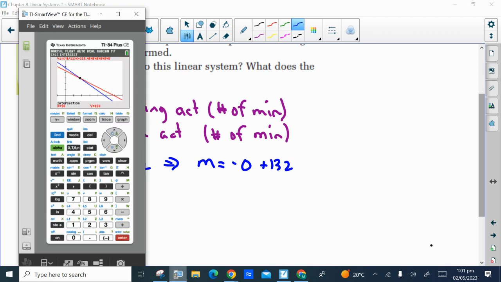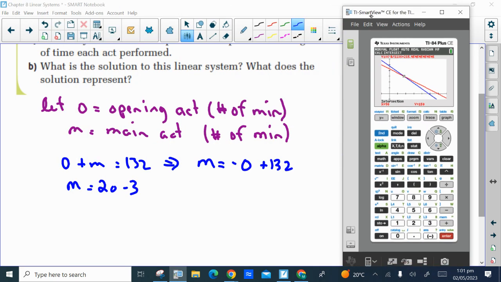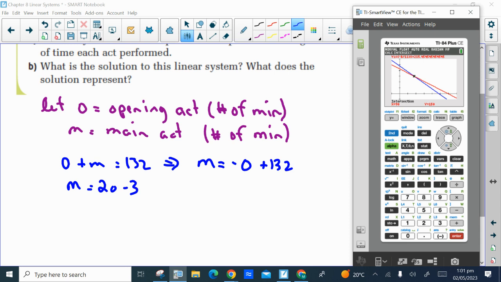We will use our graphing calculator to get this. So in y equals, I'll put the first equation, which is negative x. Again, there is no O variable in our calculator. The only variables we can use are x and y, plus 132. The second equation is 2x take away 3.